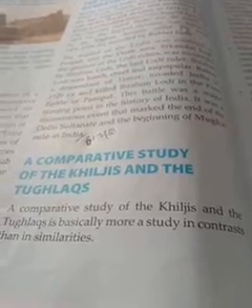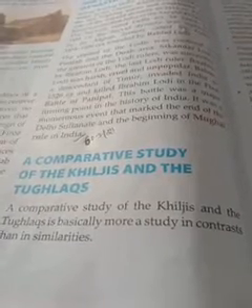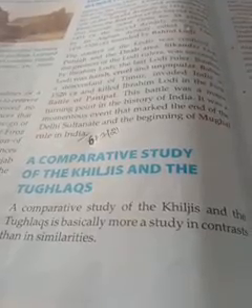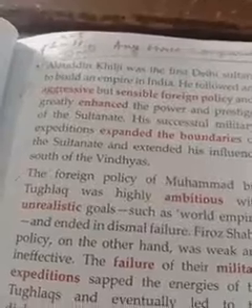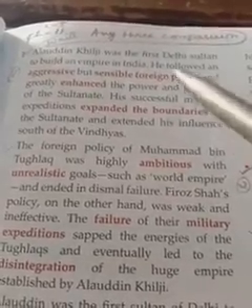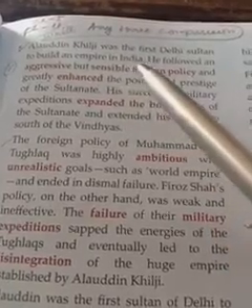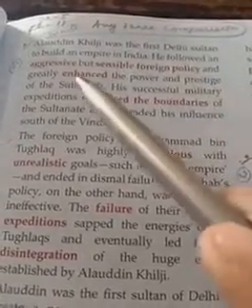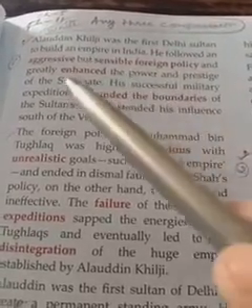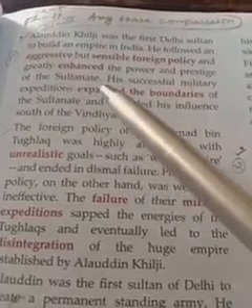A comparative study of the Khiljis and the Tughlaqs is basically more a study in contrast than in similarities. So let's see the first, Alauddin Khilji. Alauddin Khilji was the first Delhi Sultan to build an empire in India. He followed an aggressive but sensible foreign policy and greatly enhanced the power and prestige of the Sultanate.